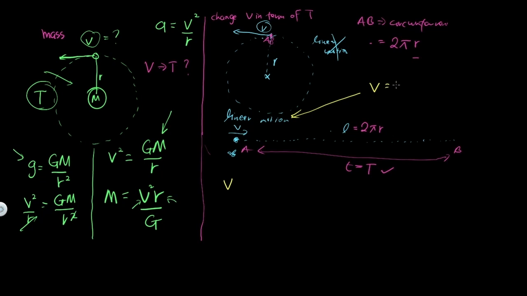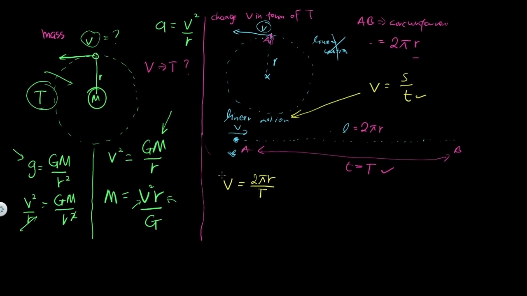V equals S divided by T. Displacement divided by time, or the speed equals distance divided by time. So what is the distance from A to B? It is here 2 pi r. What about the time taken here? Time in terms of T, it is the period.